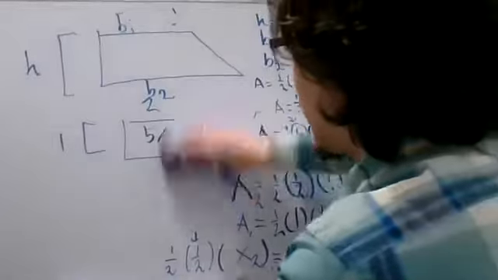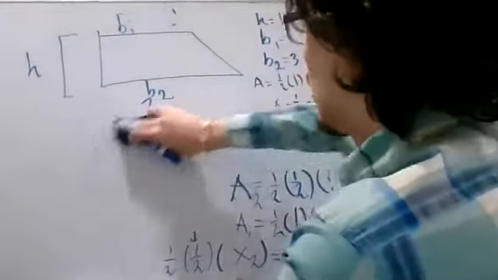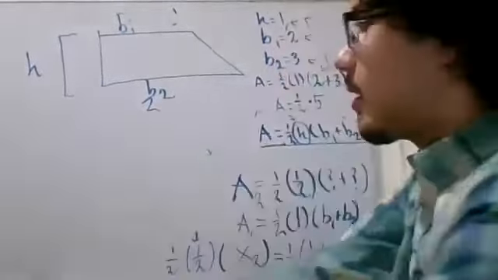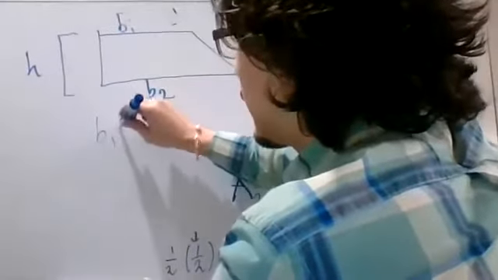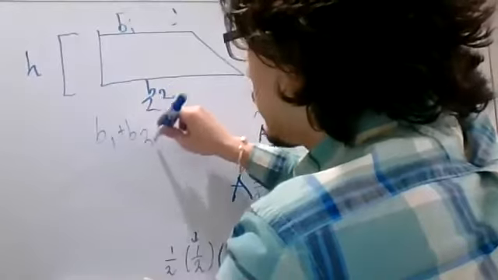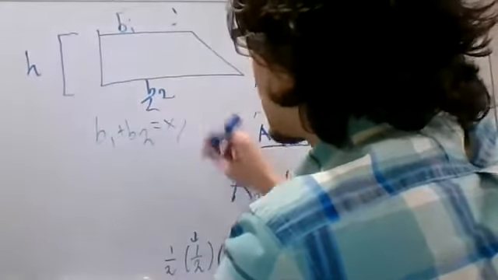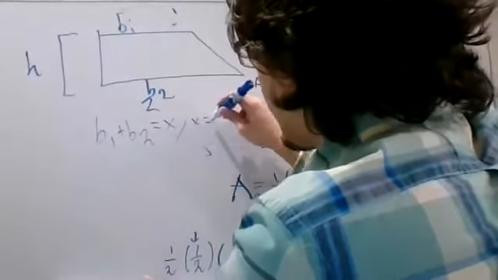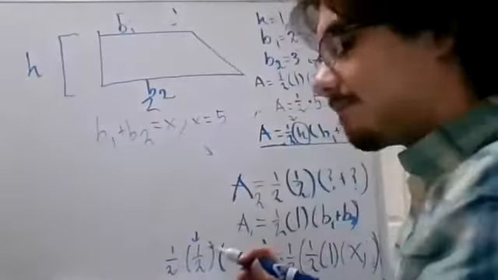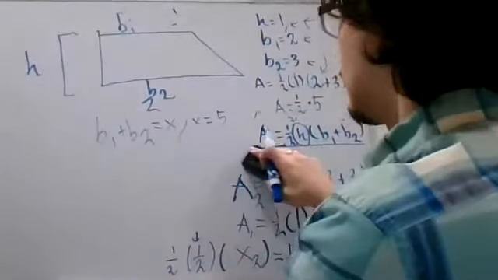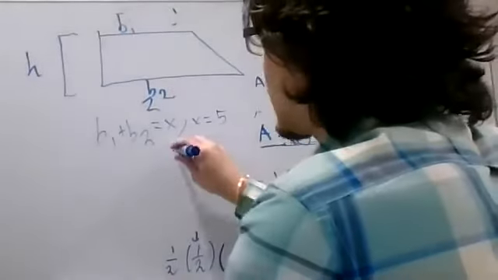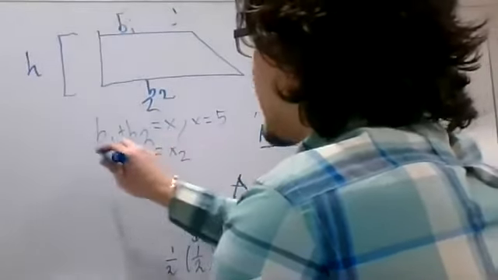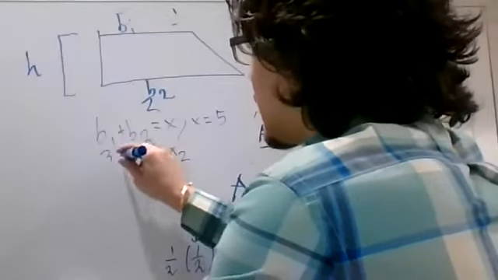So let's write up here, take our notes, that base 1 plus base 2 is equal to x, and x is equal to 5. And then x2 would be basically the unknown bases.